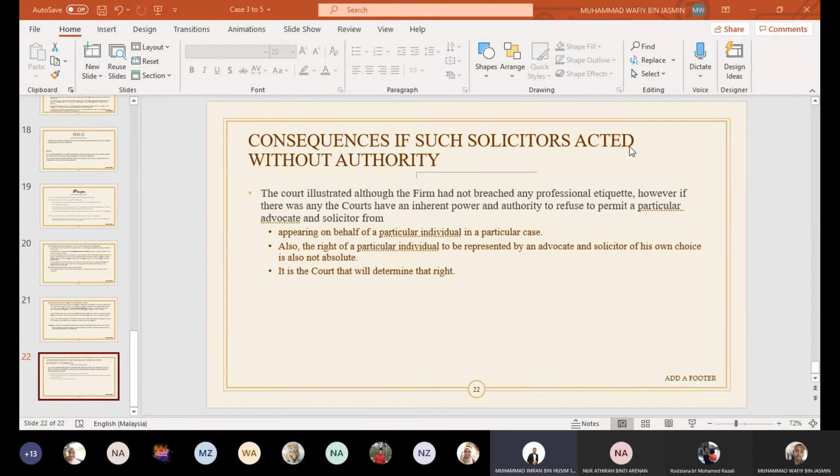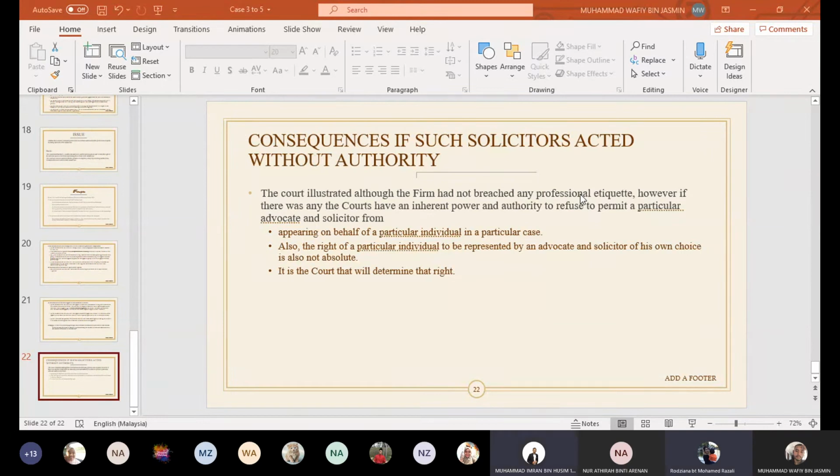So that is just the consequences: if an advocate and solicitor acted without authority, he or she will not be allowed to represent. That's the consequences. May I go to the case? Kejap ya, I'm trying to get the point here. However, if there was any breach of professional etiquette, the court has an inherent power.